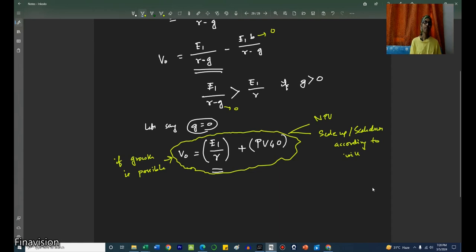Can the timing be adjusted? Timing control is there. Basically one factor is the value and the second is the flexibility, scaling up or scaling down and changing the timing, beginning time, ending time according to the will, right? So these two factors mainly determine the present value of future growth opportunities.